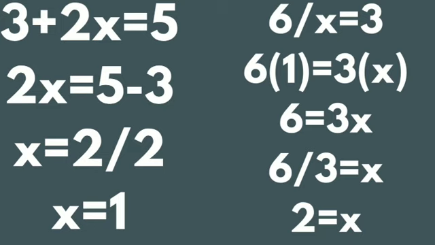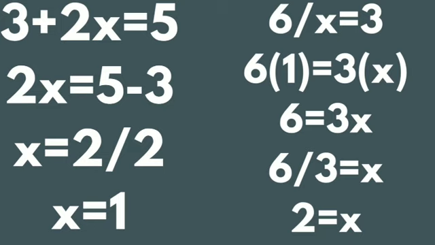In such types of equations, when there is a fraction on each side of equality, we will follow the method of cross multiplication. The numerator of the left side fraction will be multiplied by the denominator of the right side fraction. The denominator of the left side fraction will be multiplied by the numerator of the right side fraction.